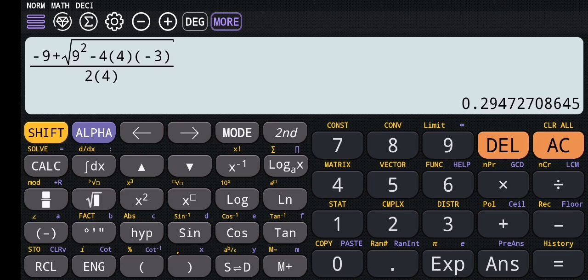That is our answer. Our first answer is 0.29. Let me do the second one while we're still on it. It is negative 2.54.